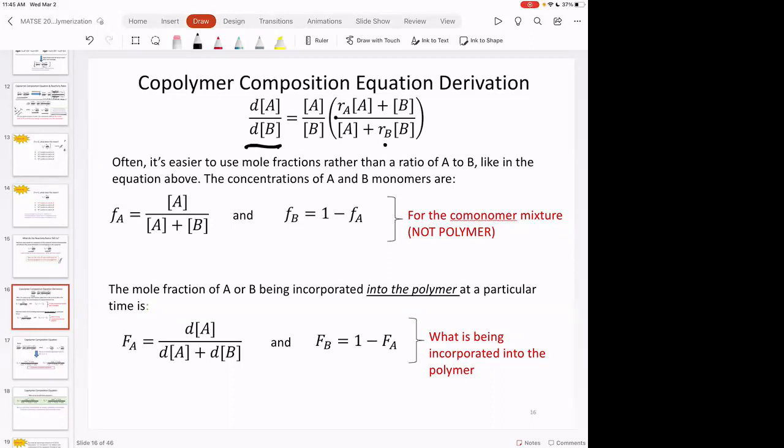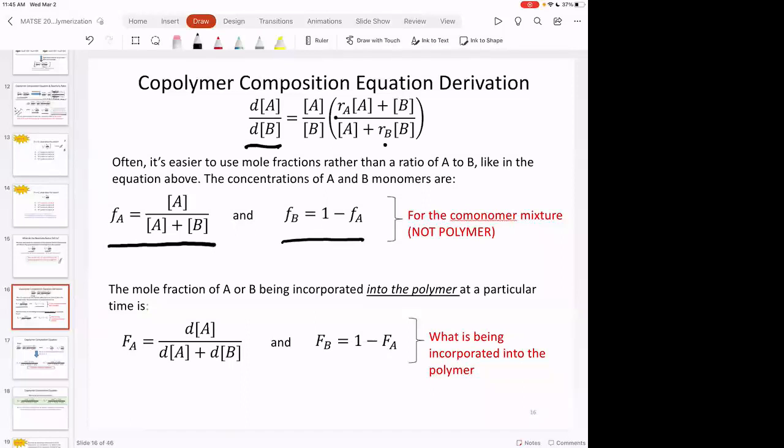And so if we define small fa as the mole fraction of A, we can define mole fraction of B as 1 minus FA, right? So mole fraction is just concentration of what we're interested in over total concentration, because all the per liters cancel out.